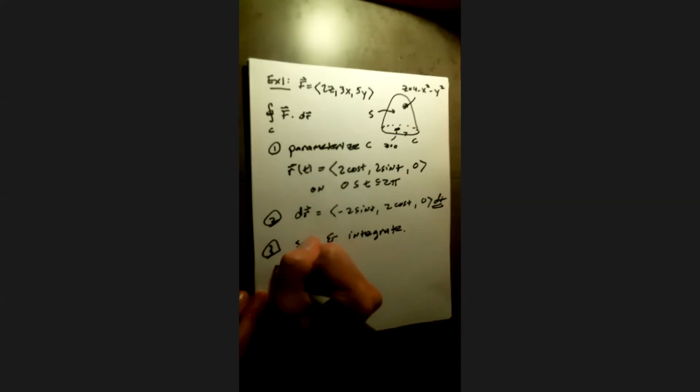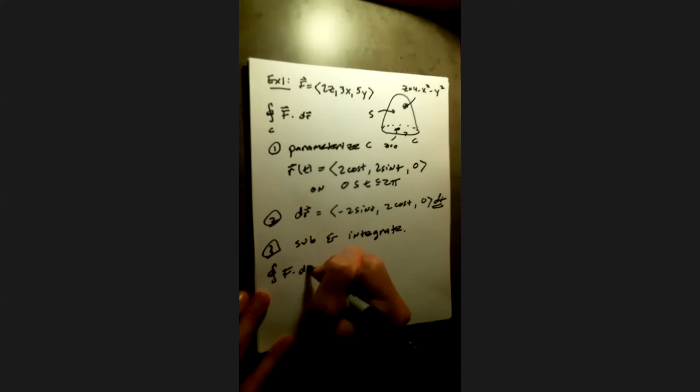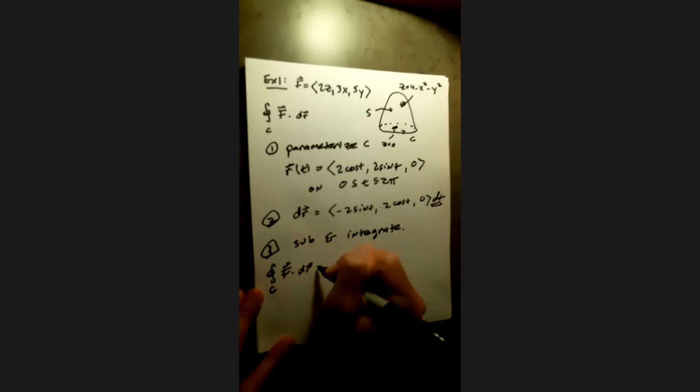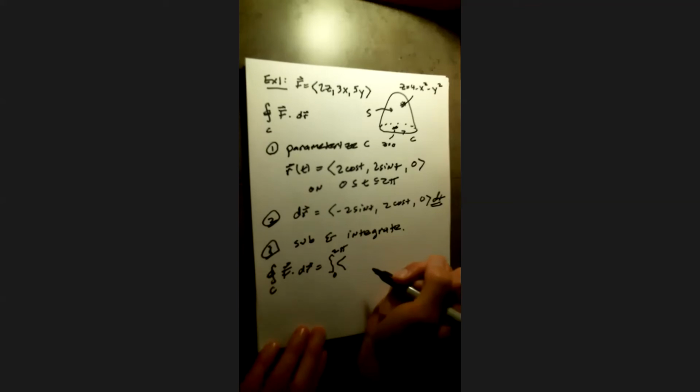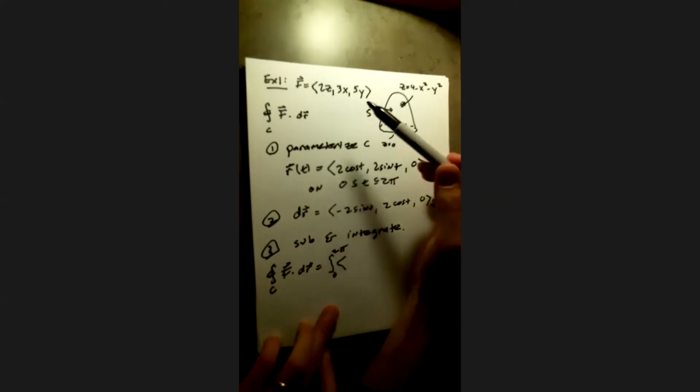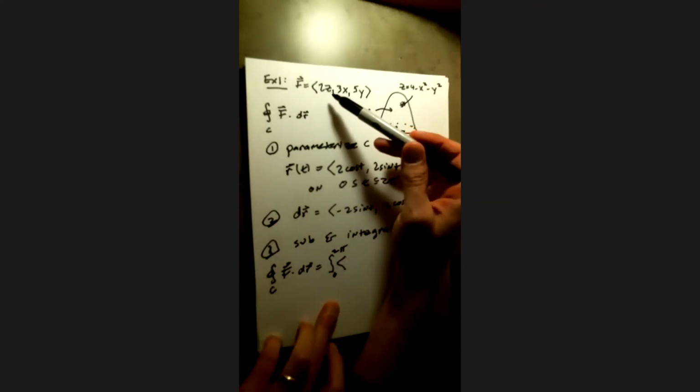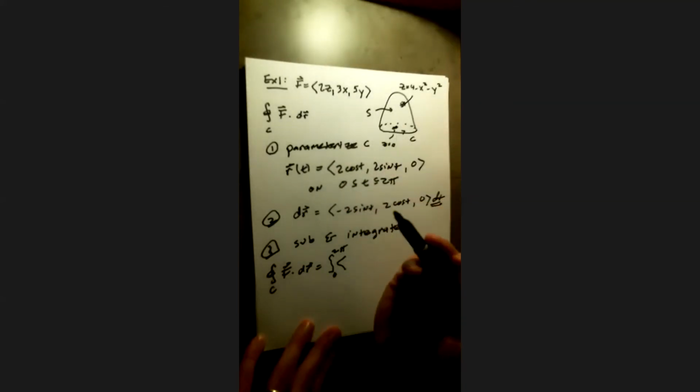And so our circulation will be the integral from 0 to 2 pi of, so now we need to substitute into our F. So 2z is going to become what? 0.